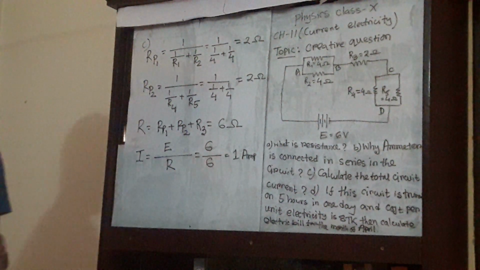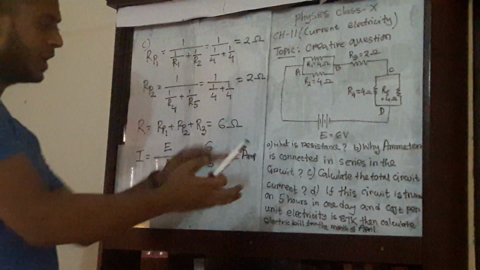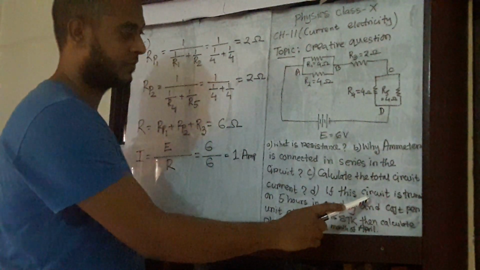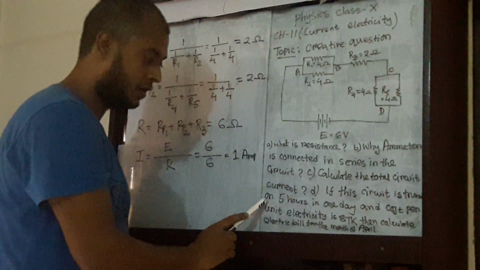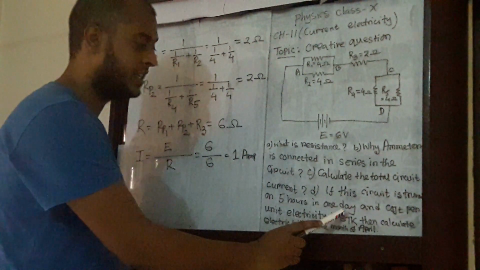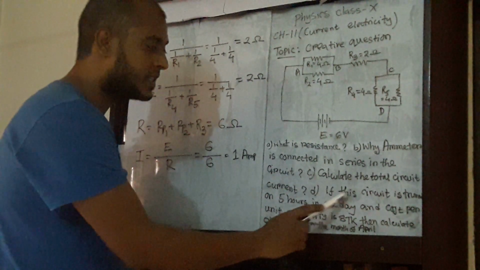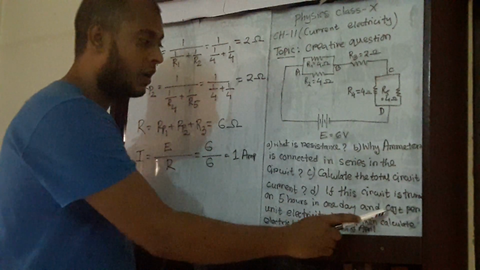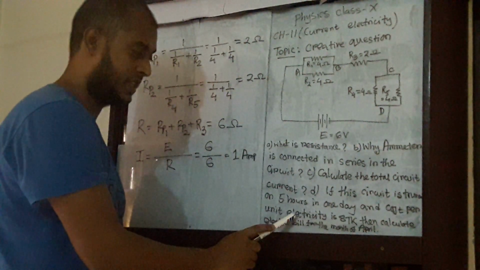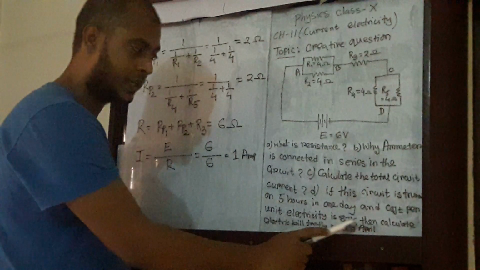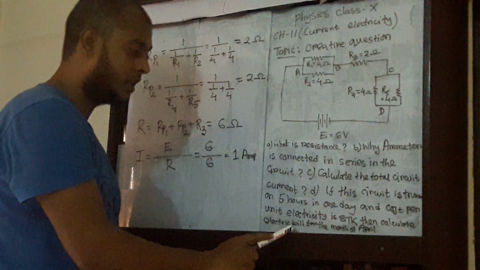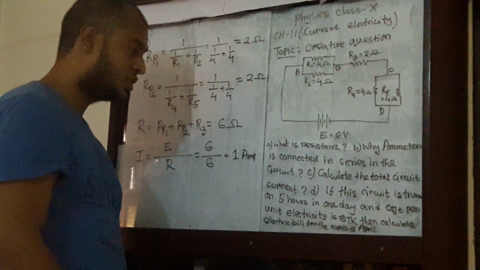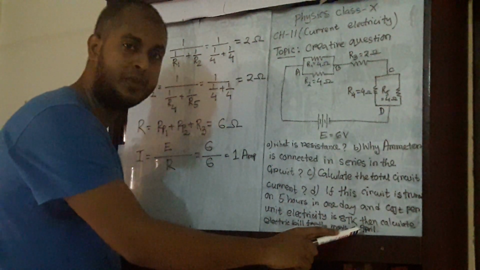And now question number D. Question number D is a very long question. You see, if this circuit is turned on 5 hours in one day, and cost per unit electricity is 8 taka, then calculate the electric bill for the month of April.